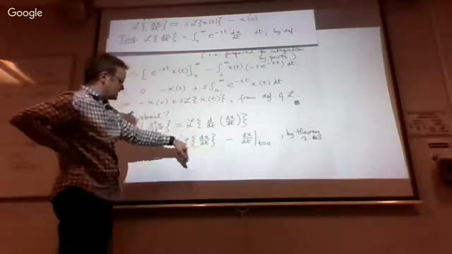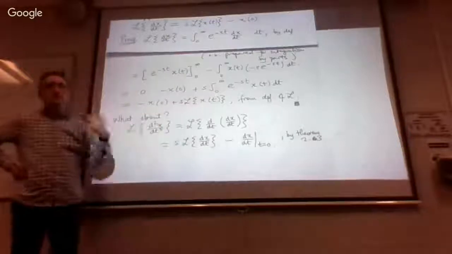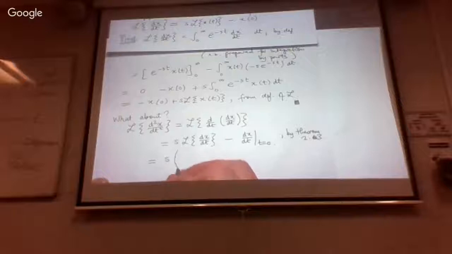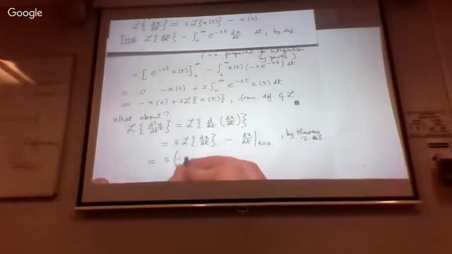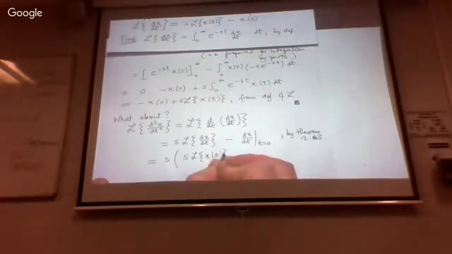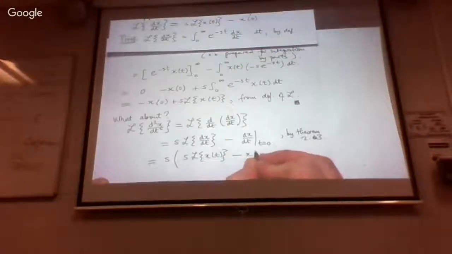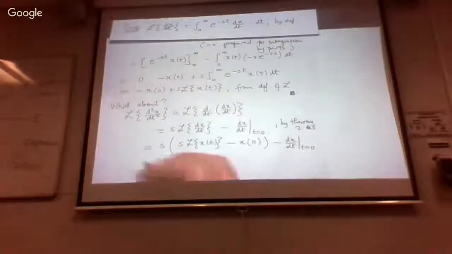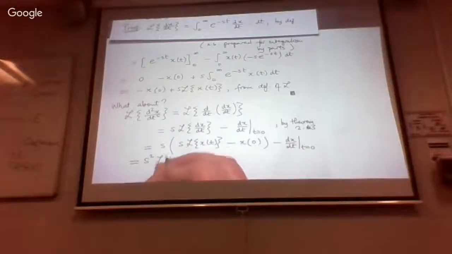Then I'm faced with this thing, the Laplace transform of the derivative. I can apply the theorem again. I've just proved that that's s times the Laplace transform of x at t minus the initial value of x. So I get this neat result that the Laplace transform is s squared times the Laplace transform of x, whatever that is.